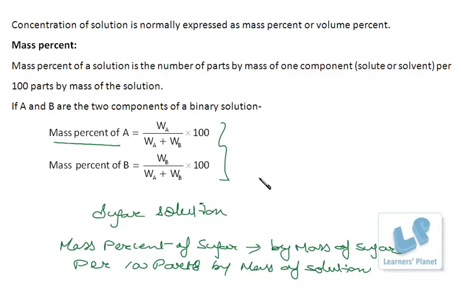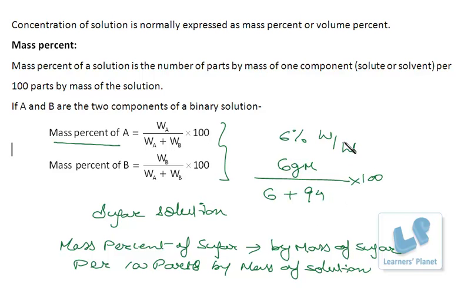This is mass percent. Say if I write 6% weight by weight, what does it mean? It is 6 grams of solute upon 6 plus the rest, say I can take it as 94 grams, into 100.